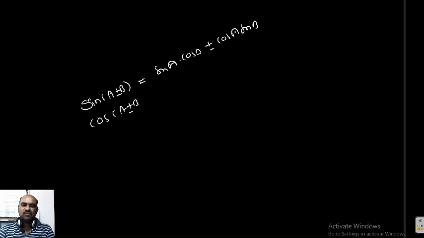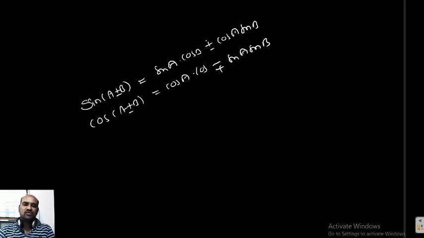Here plus means plus, minus means minus. Cos of a plus or minus b is cos a cos b minus or plus sin a sin b. What is the meaning of that? Here plus means minus, and minus means plus.